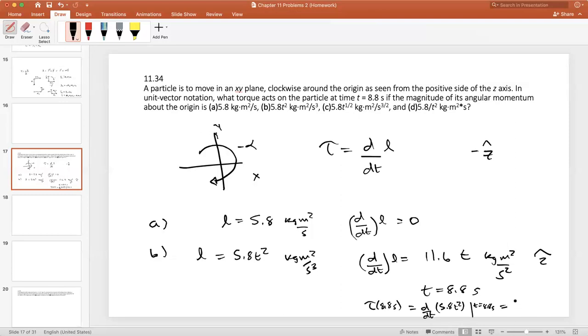So that is 11.6 times 8.8, which is 102.08 in the z hat direction only. That's all pretty simple, just taking some derivatives and then substituting in time, okay? I expect you to know how to do these derivatives. They're just power derivatives. If it helps you to remember, for D, that's the same as 5.8 times t to the minus 2. Okay. This problem's not too hard, I don't think.